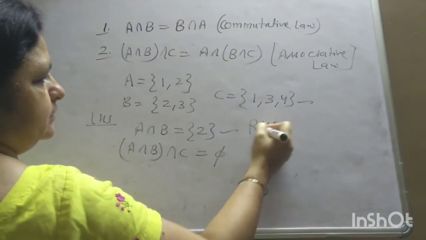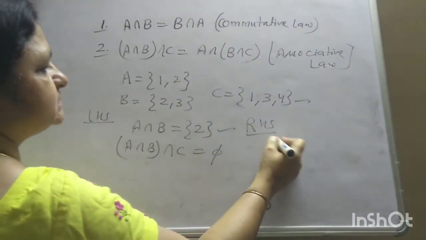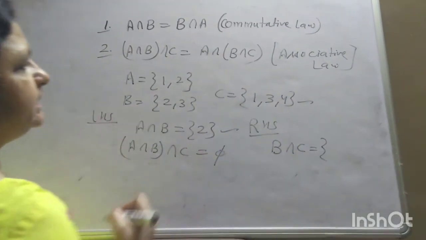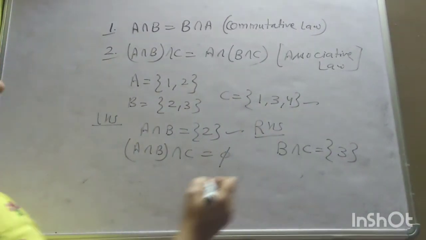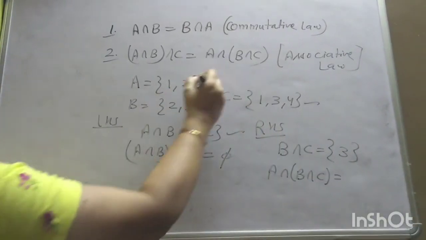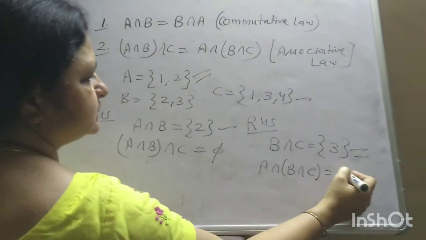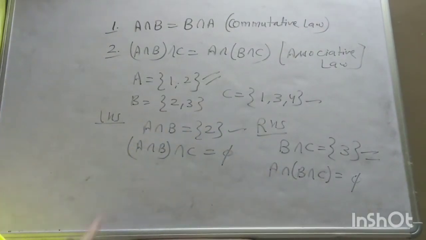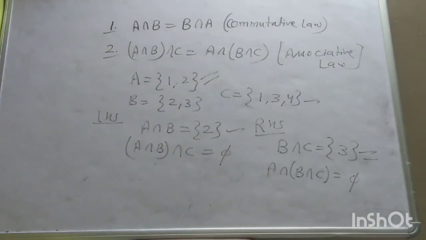Now, on right hand side, A intersection (B intersection C). So, at first we will solve B intersection C. B intersection C is set 3. Now, A intersection (B intersection C). Nothing is common in these two sets. So, result is phi. It means left hand side is equal to right hand side. Therefore, this result is equal to this. It means associative law.